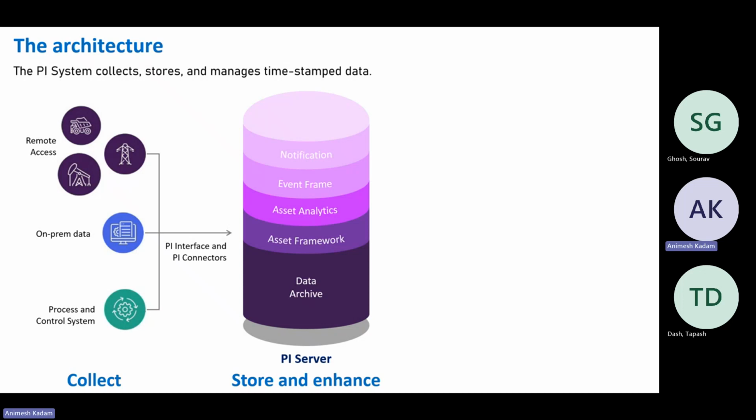Asset Framework uses MS SQL Server as the database. Your data archive is not storing data in SQL Server, but your AF database will be located inside the SQL Server.